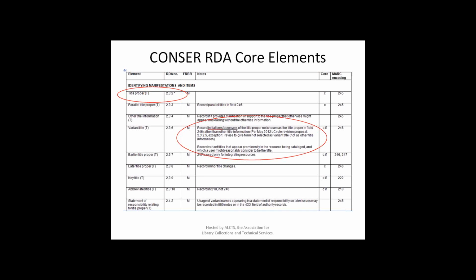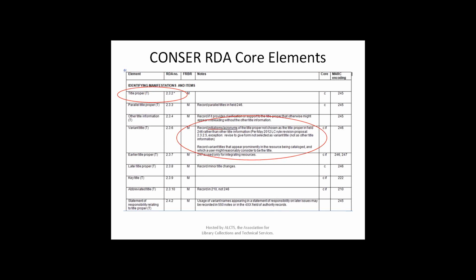I wanted to point out also that the practices we have here for variant titles are given, and this document is the core set of RDA elements, but it also includes some of the decisions that we made with the previous CONSER standard record practice.